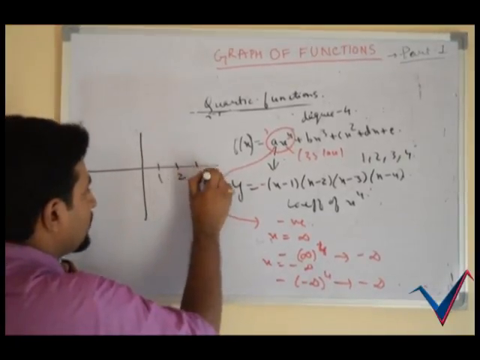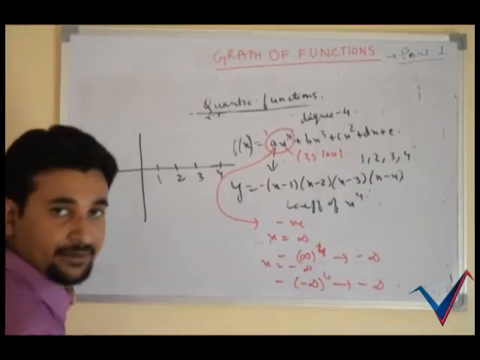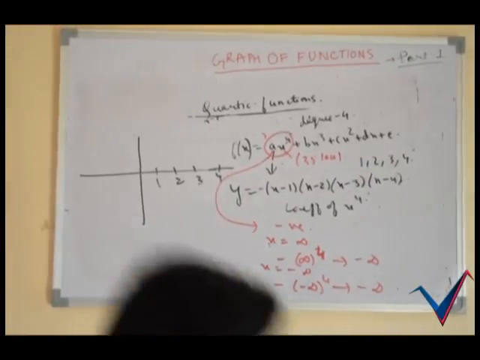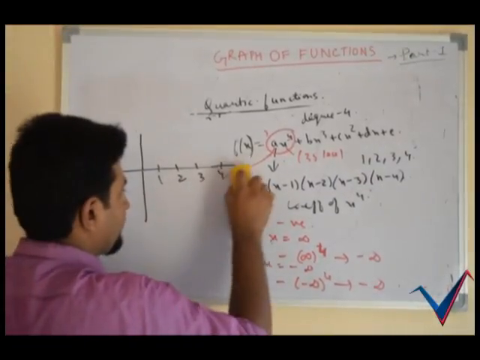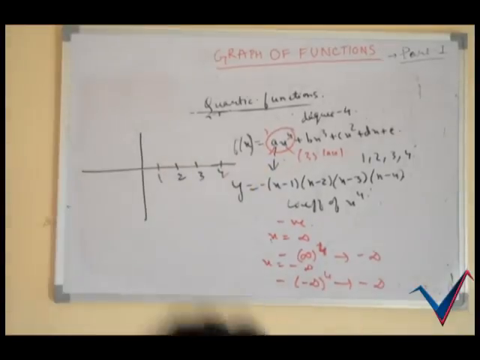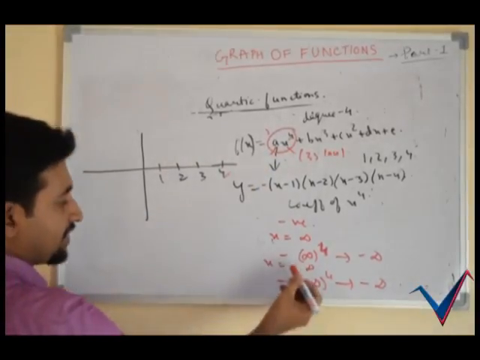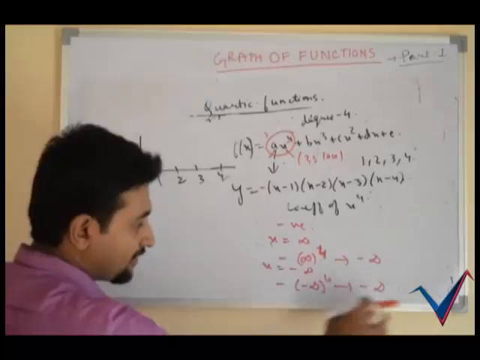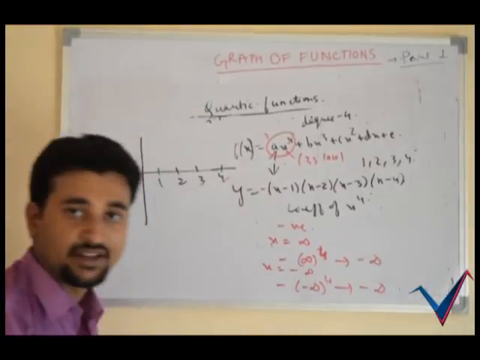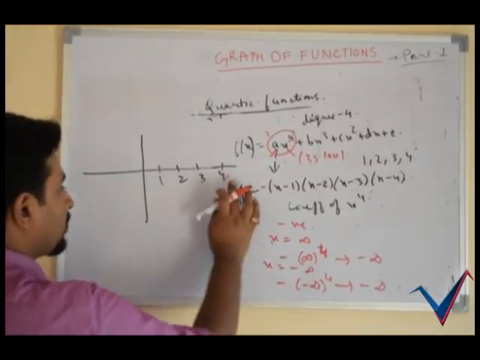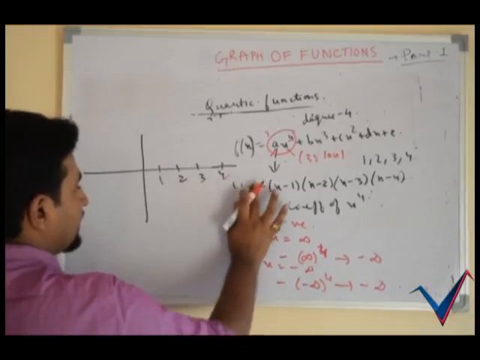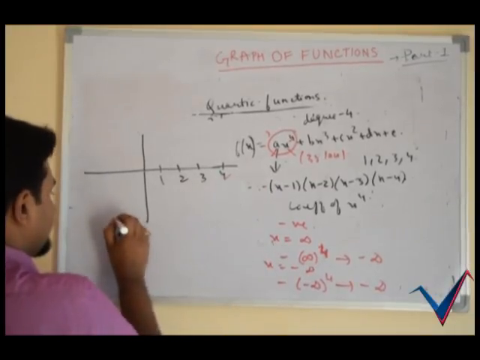1, 2, 3, 4. You have this condition here: when x is large, y is negative large; when x is large again, y is negative large. So at both the extreme ends, the function would simply go this way.